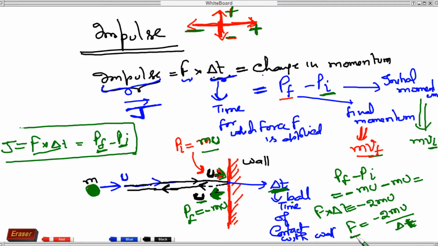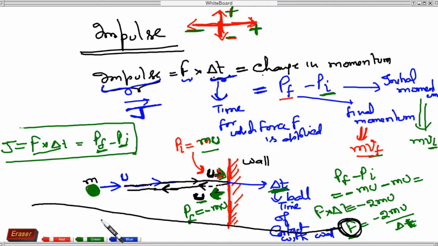So what is this force? This is the force exerted by the wall on the ball.